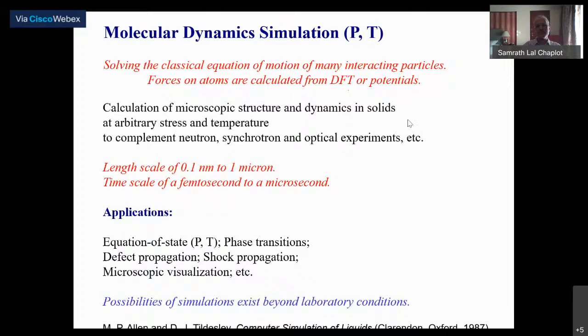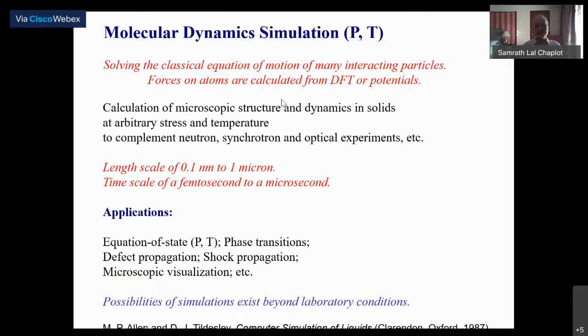The case when we calculate the forces using empirical potentials and use classical equations of motion is called classical molecular dynamics.